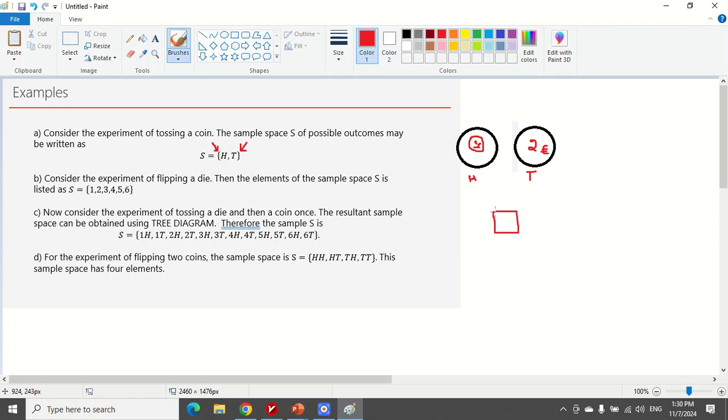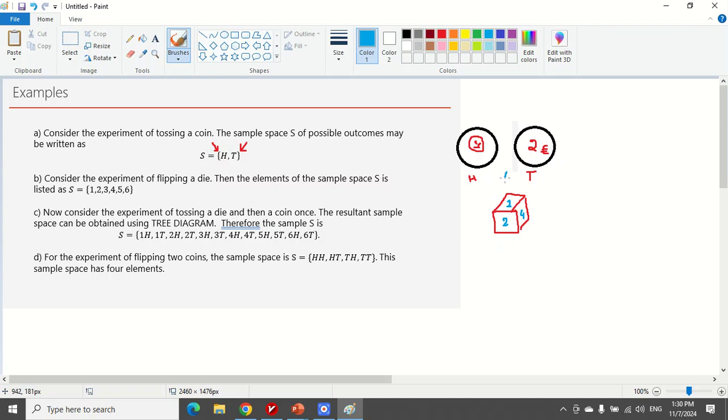When we flip a die, that die has six sides. If you consider a cube, I'll try to sketch one. On each side of the cube there is a number: 1, 2, 4, 3, 5, and 6 on the other side.